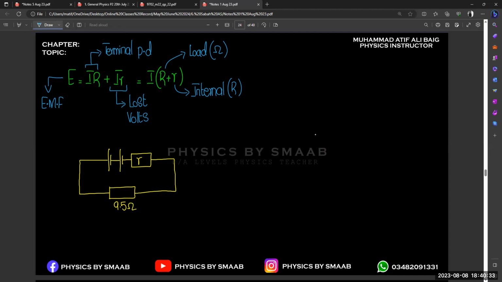And finally, we have a box, and the battery has the EMF 7.3 volts.